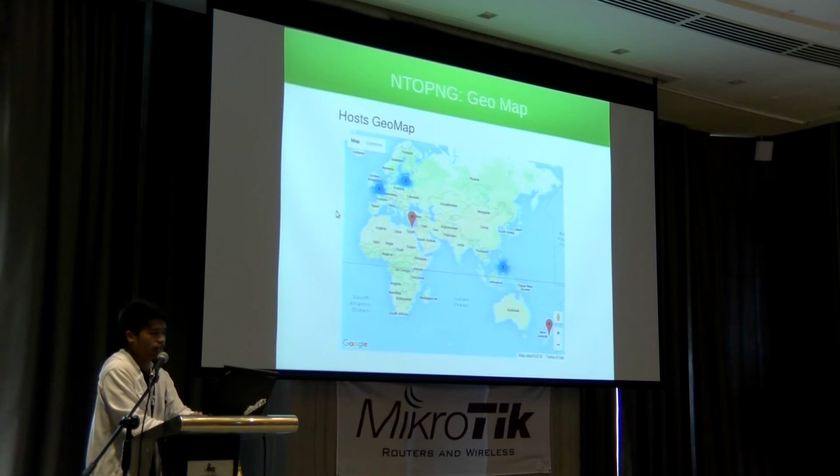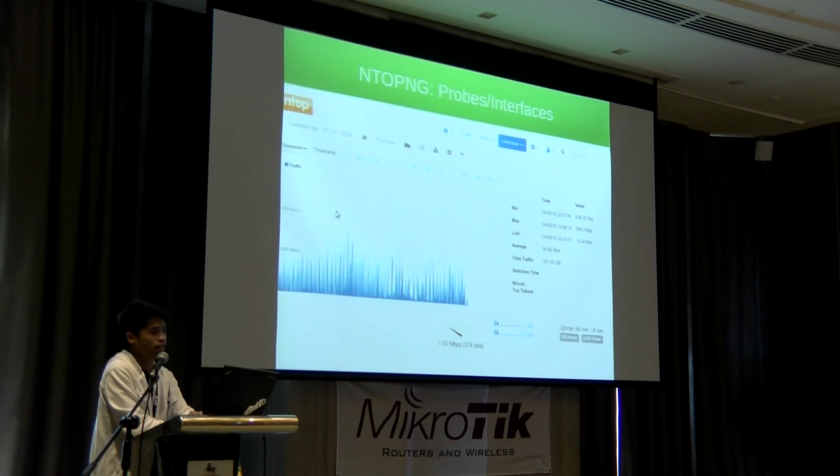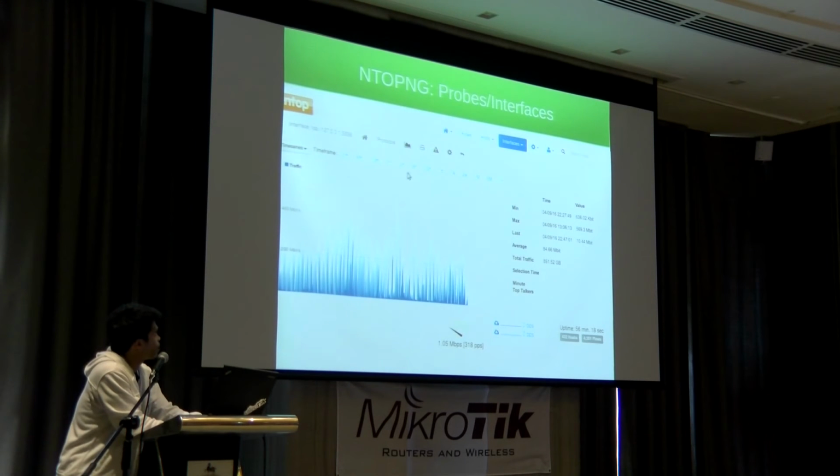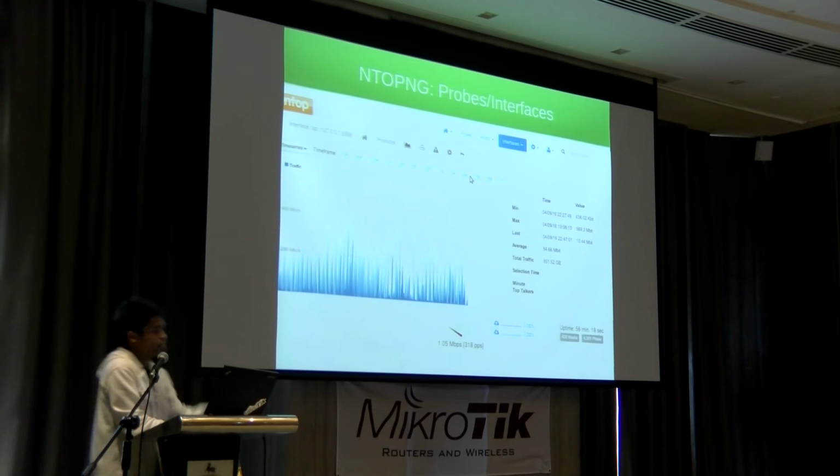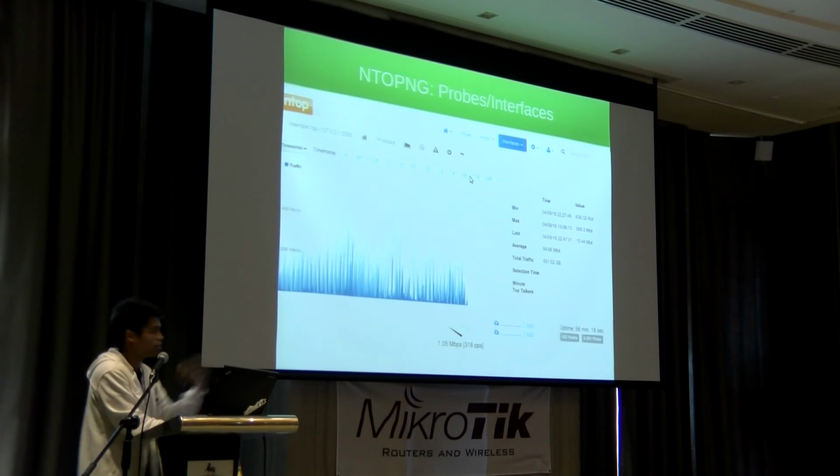And also the geomap, and here the probe interface. If you want to review how much traffic was generated in the past day, you can also do that in ntop.